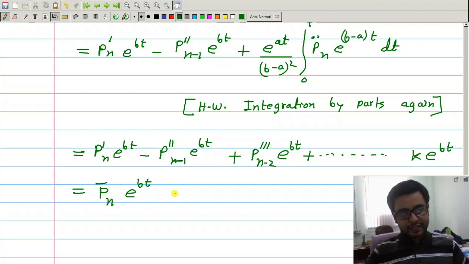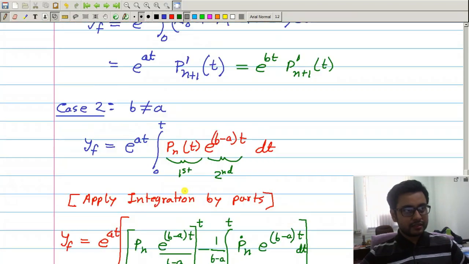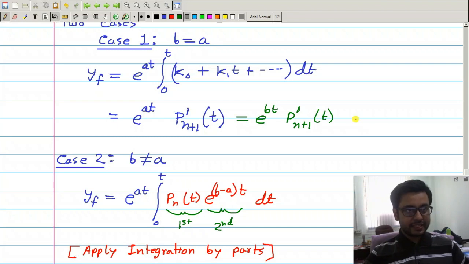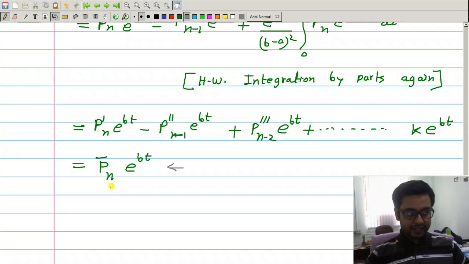So the difference between this case and this case is in the degree of the polynomial. Here n plus 1 and here n.